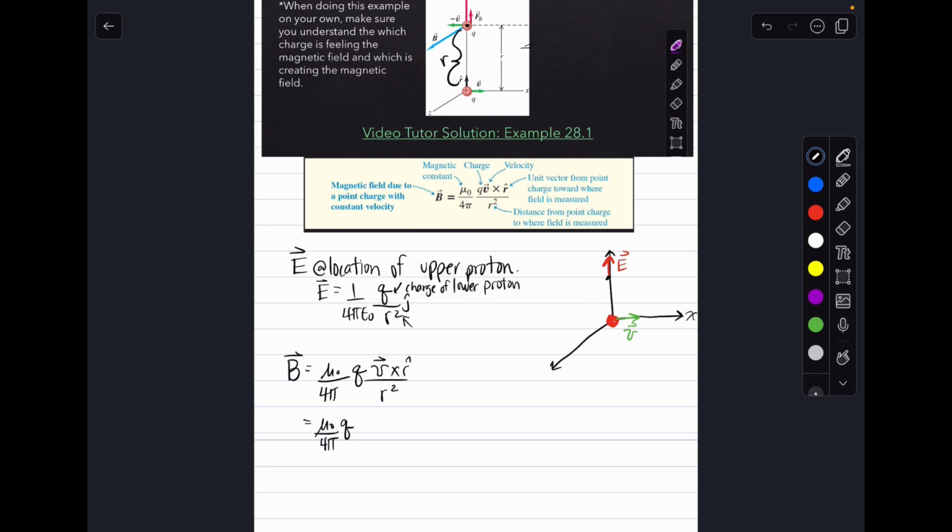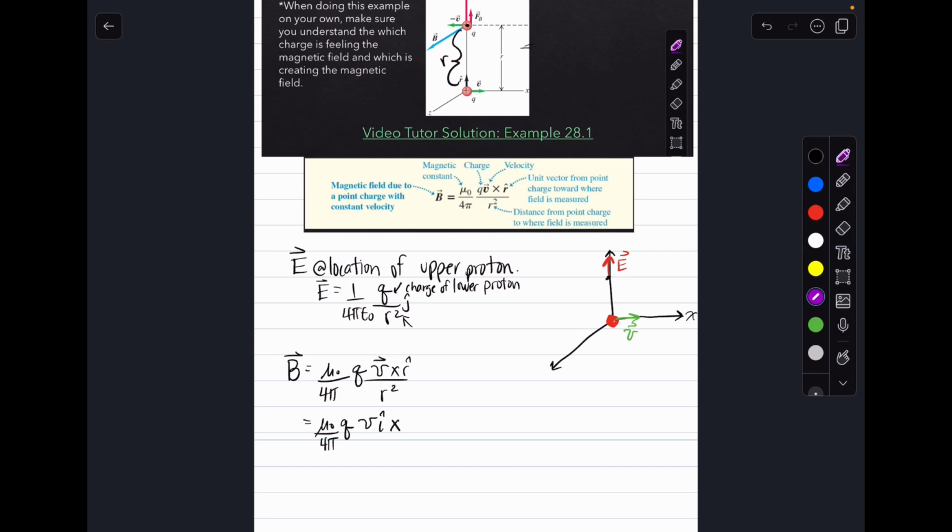What's the V vector? Well, it's simply the velocity in the i hat direction. We're going to cross that with the r hat vector. What's r hat? R hat is the vector that points from the source, which is the bottom proton, to the place we want to know the field, which is up here at that black dot.